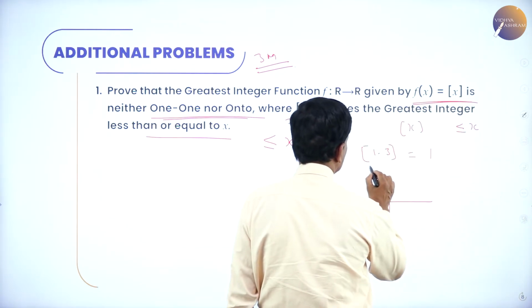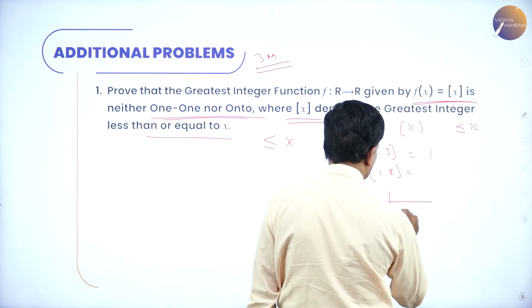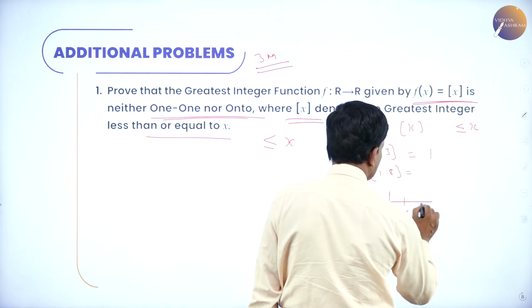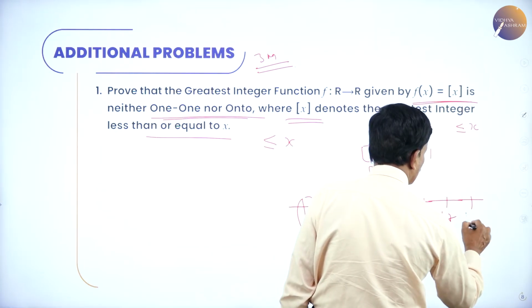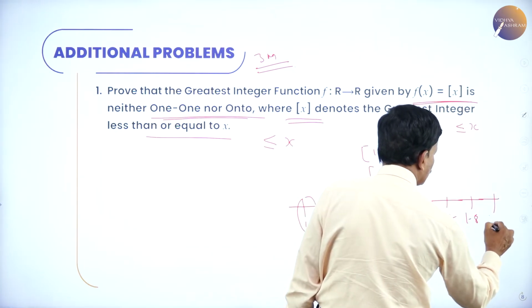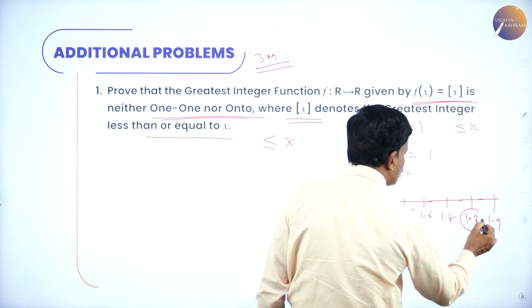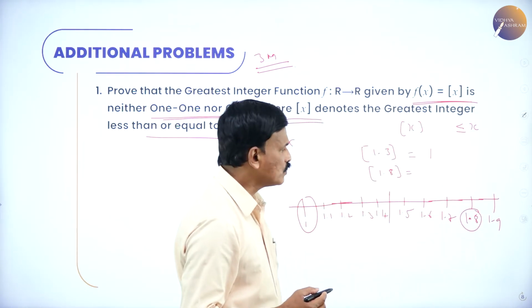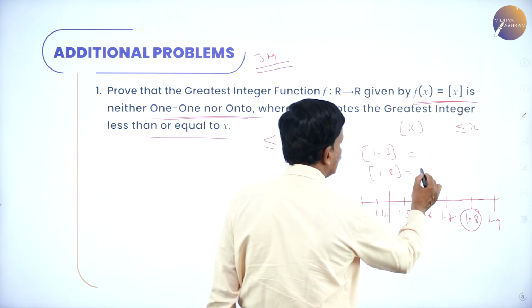Similarly, if I take the greatest integer value of 1.8, on the number line 1.4, 1.5, 1.6, 1.7, 1.8, 1.9, the integer less than or equal to 1.8 is again 1.